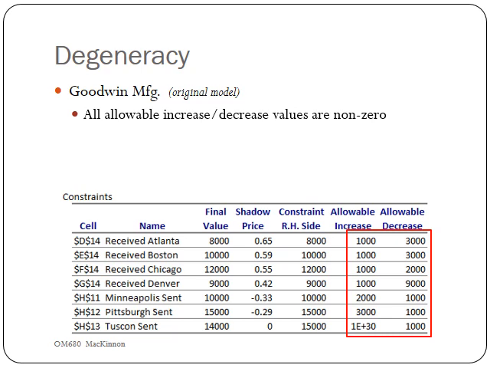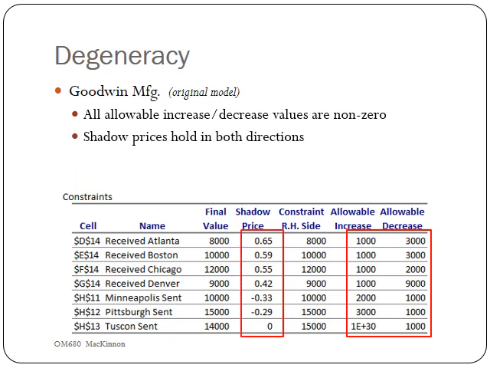What that means is that the shadow prices hold in both directions. So we can have some increase or decrease on all of the constraints, and the shadow prices will hold. So this solution is considered non-degenerate, and that's a good thing.